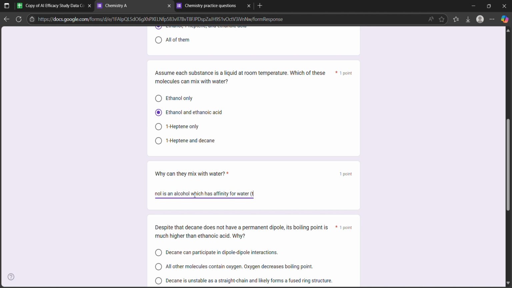I think that is the hydrogen present in the water, and ethanoic acid is an organic acid, which are known to be hydrophilic.